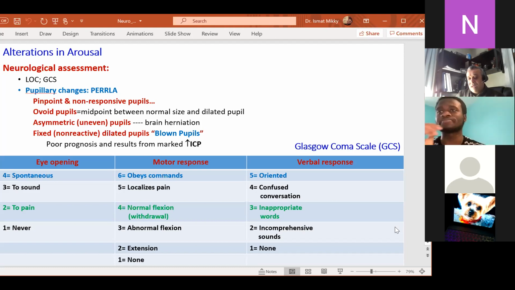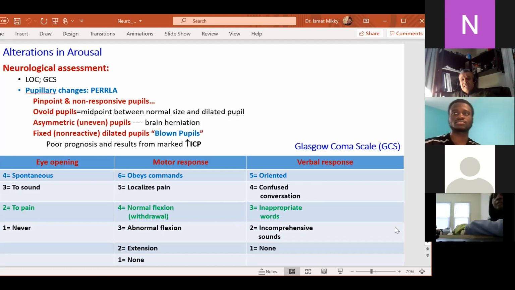Sedatives, right, in other words opiates. Also sedative drugs that cause sedation, one of them is called propofol.